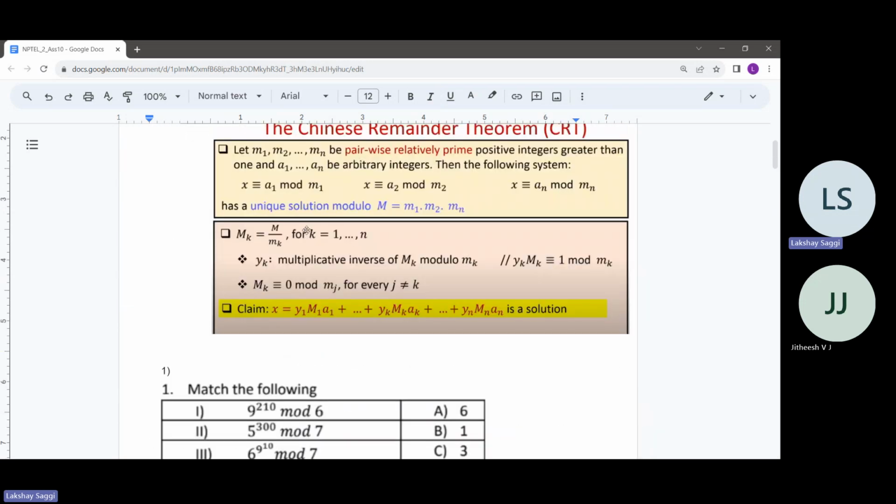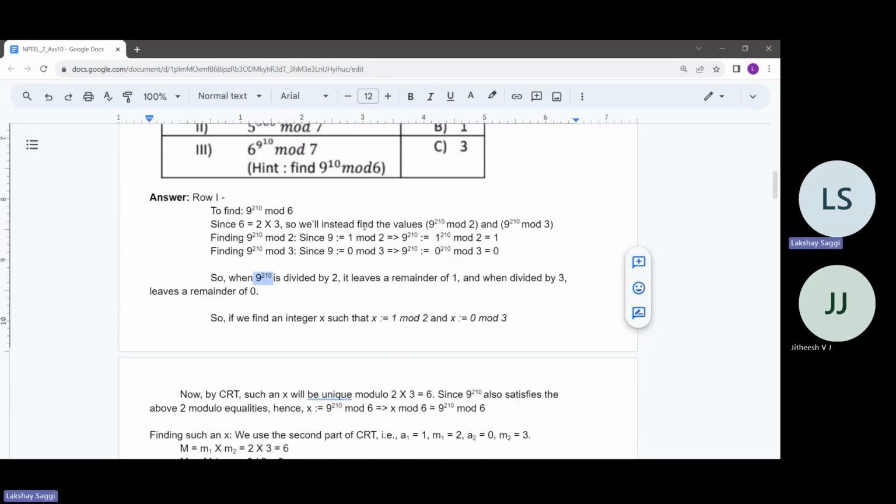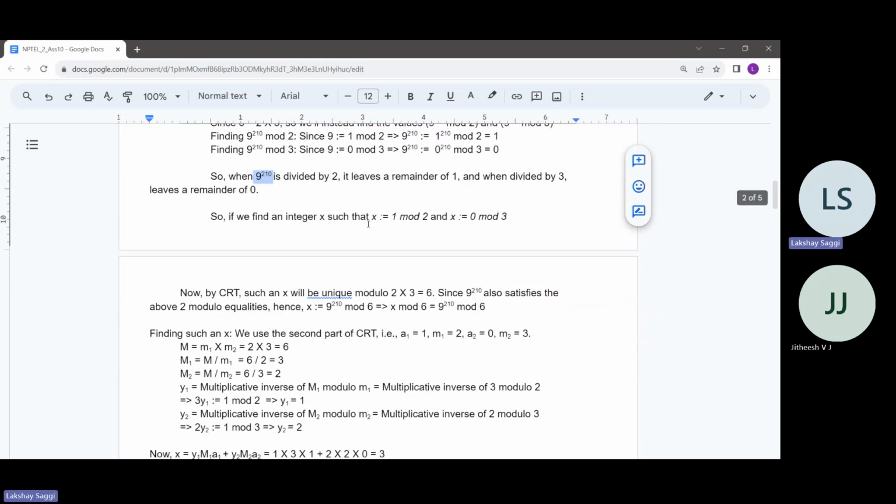Note that the Chinese remainder theorem states that if an x satisfies these values, a1 mod m1, a2 mod m2, and so on, then it will have a unique solution modulo capital M. So what I mean to say here is, if an x satisfies 1 mod 2 and 0 mod 3, then there will be a unique x modulo 6, because capital M is 6 here, 3 times 2.